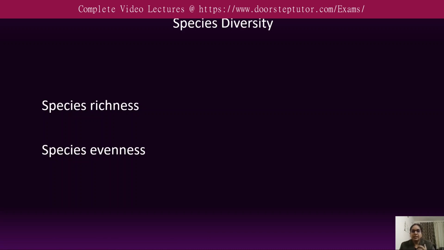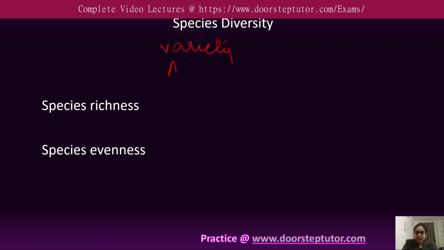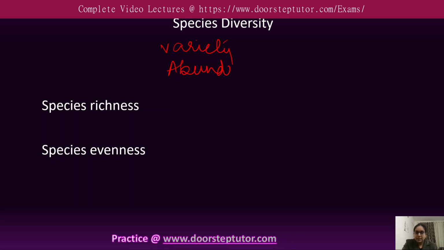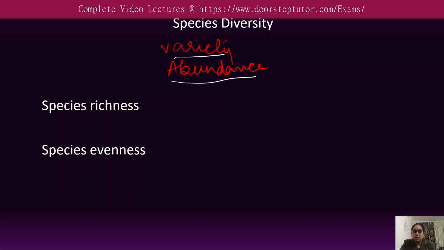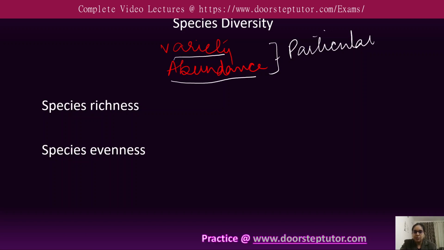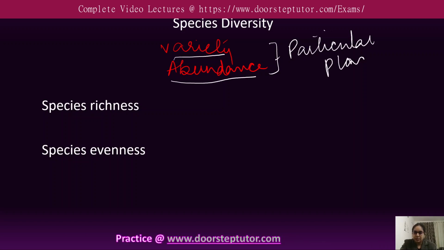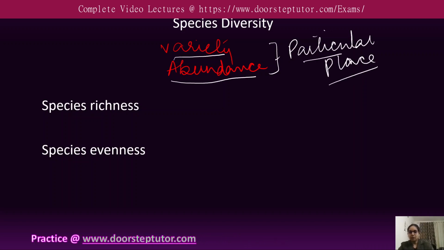Species diversity includes variety as well as abundance, meaning how many types of species, or the total number of species, are present in a particular area, and what the abundance of each particular species is in that place. This is known as species diversity.